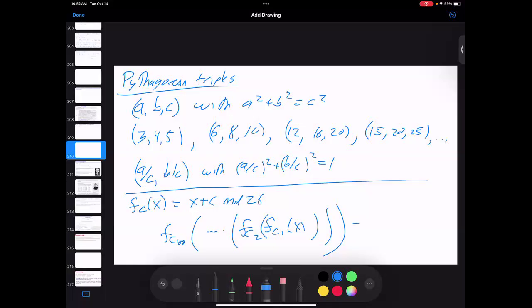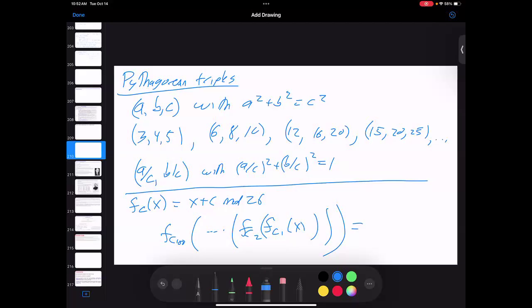But we said that this is the same as what? I apply 100 different Caesar ciphers. How many possibilities are there if I apply 100 different Caesar ciphers? At the end of the day, 26. I could end up applying, maybe, add 5, subtract 5, add 4, subtract 4.